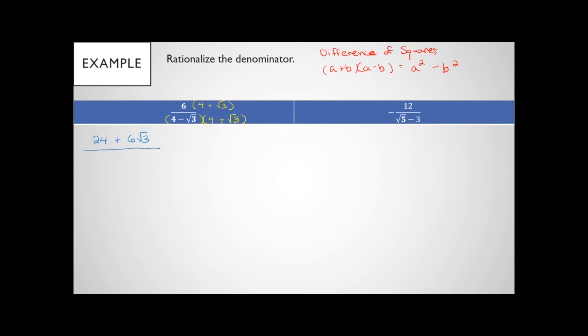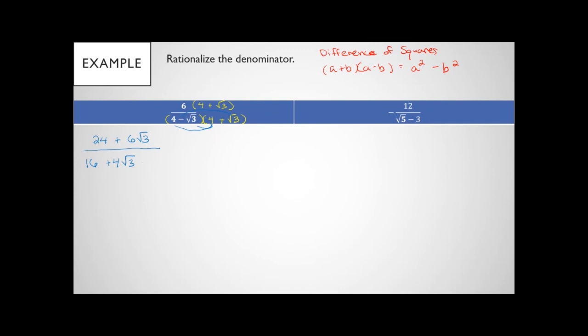The denominator here, so we're going to FOIL. So first, I'm going to do 4 times 4. So that's 16. Now I'm going to do the outside, so I'm going to do the 4 times the square root of 3. So that's 4 square root of 3. Then I'm going to do the insides, negative square root of 3 times 4.